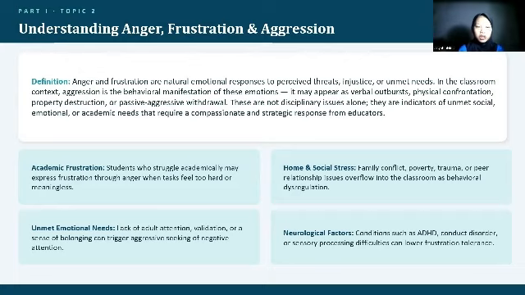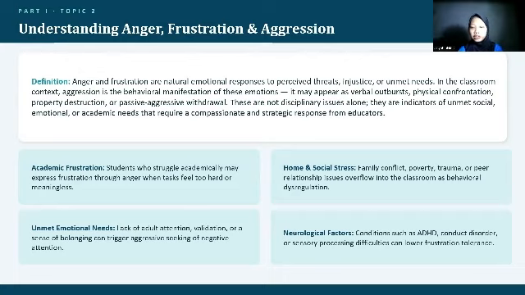Academic frustration: students who struggle academically may express frustration through anger when tasks feel too hard or meaningless. Unmet emotional needs: lack of adult attention, validation, or a sense of belonging can trigger aggressive, attention-seeking behavior.